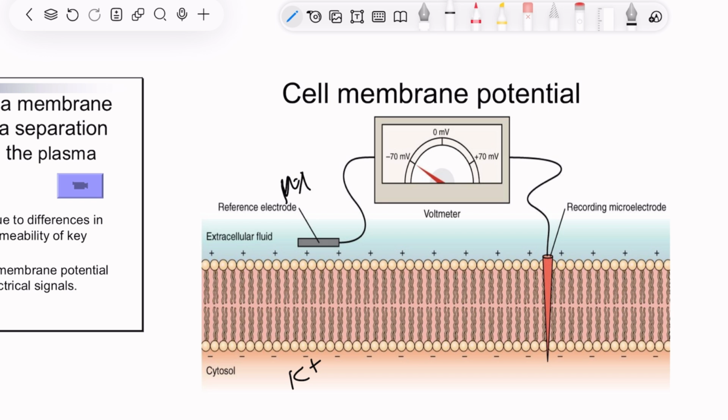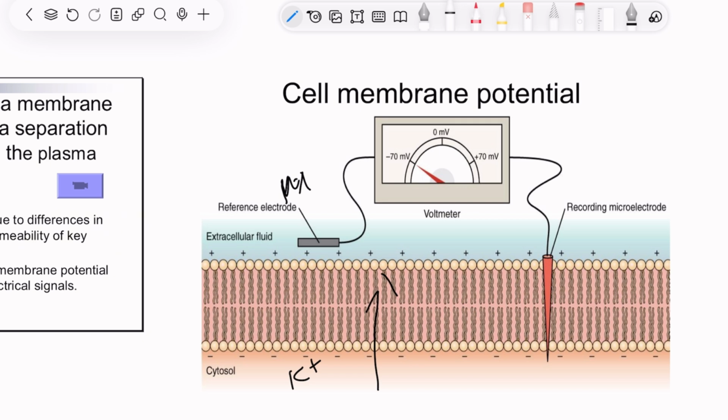And in regards to differences in ion permeability, the membrane is more permeable to certain ions like potassium than others, which means that potassium can move more easily across the membrane than sodium, contributing to the charge differences. So, resting membrane potential. When the cell is not sending any signals, it is in its resting state.